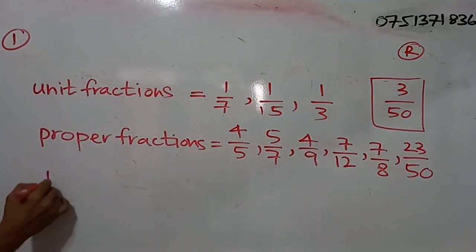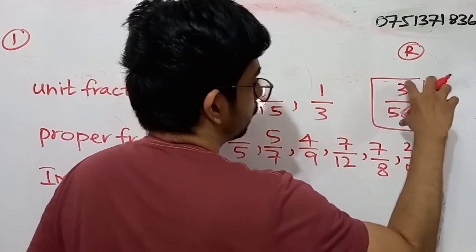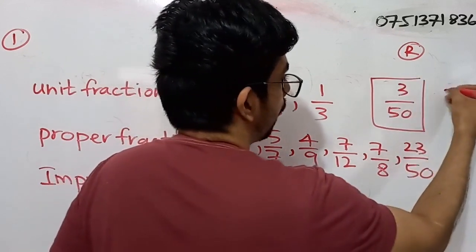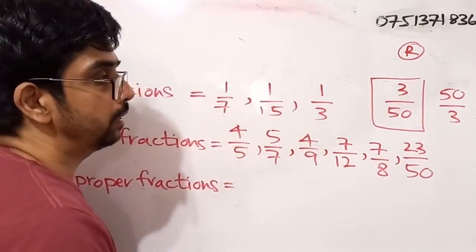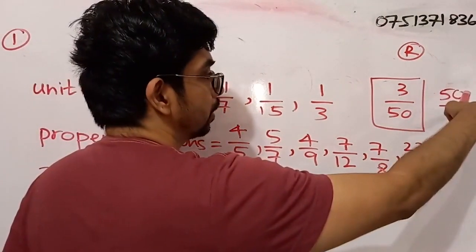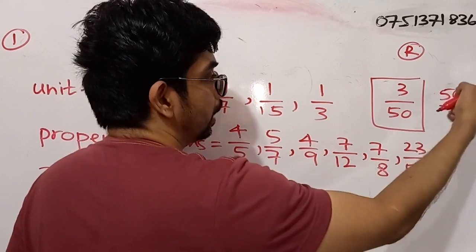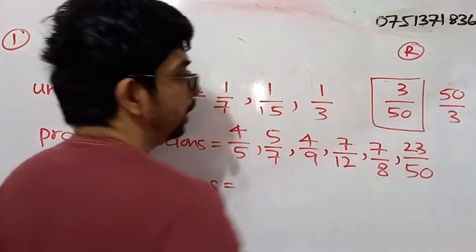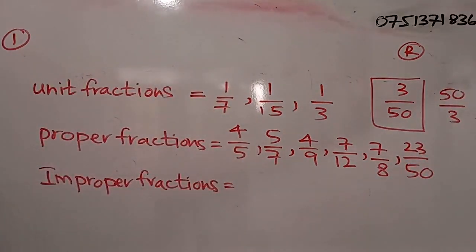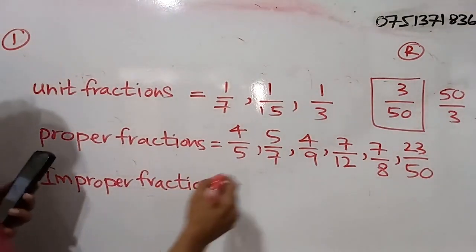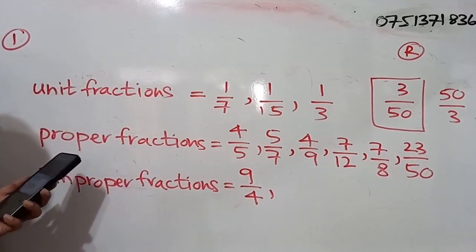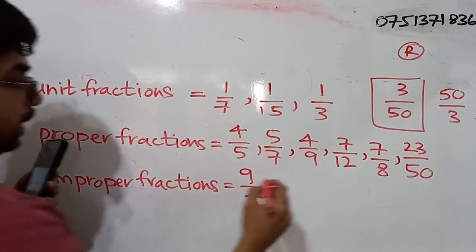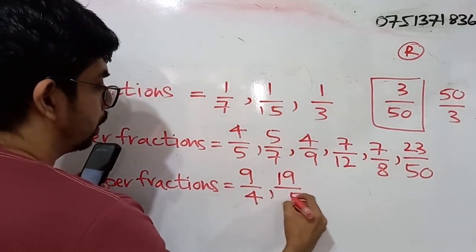So the next one, improper fractions. Let's take the same numbers and I'm going to write it reverse. 50 by 3. So this is an improper fraction. What does that mean? Here the numerator is larger than the denominator. Okay. So what are those fractions? So we have 9 by 4. Then we have 19 by 15.